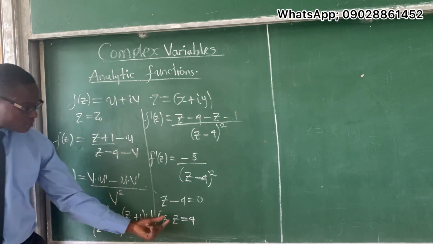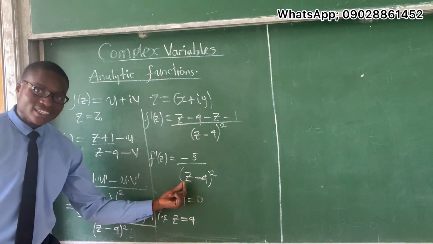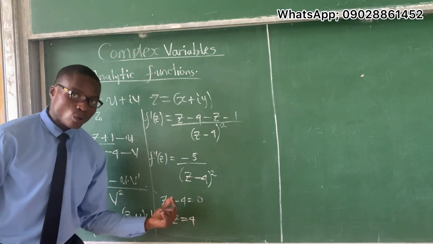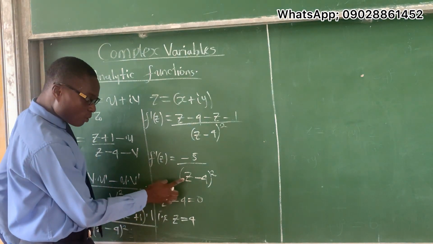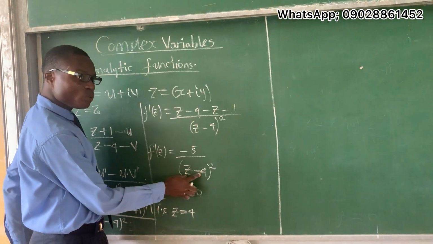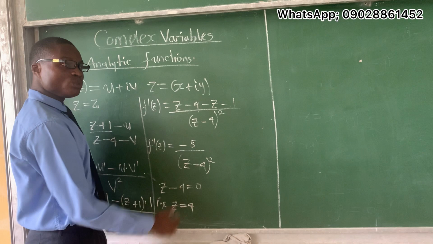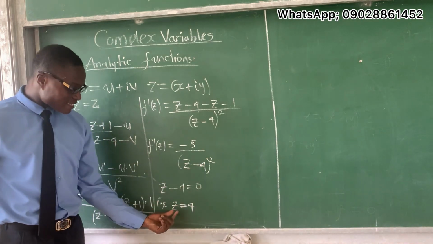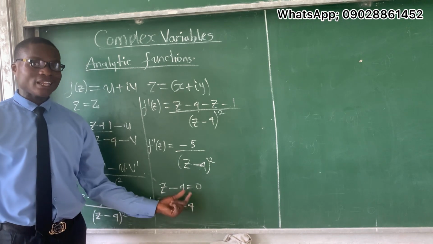So this implies that at the point z equal to 4, this function is not analytic. Because if we put in 4 here, we are going to have 4 minus 4, which is 0, all squared, which is 0, so minus 5 divided by 0, which is undefined. So it means that at the point z equal to 4, f of z is not analytic.